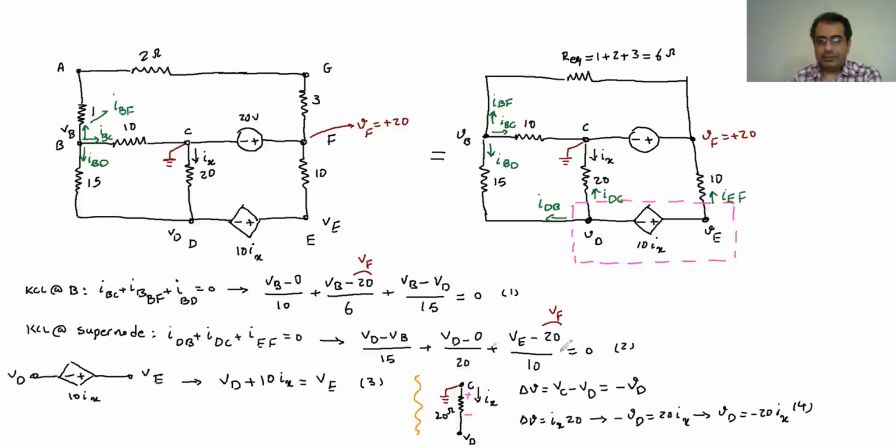So I have one equation here, the second equation here, the third equation here, and the fourth equation here. And then if I substitute VD here, I substitute the IX with the VD here. From this equation, if I substitute the IX in 3, then I have the equations that are all as a function of V. So then I have 1, 2, and 3 to do that.